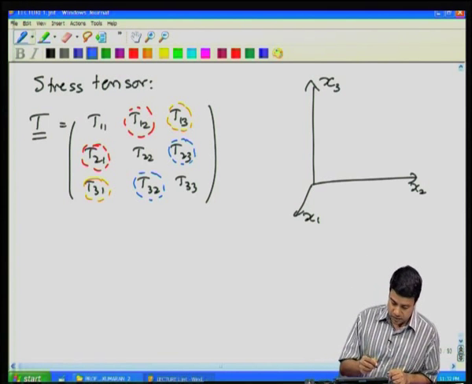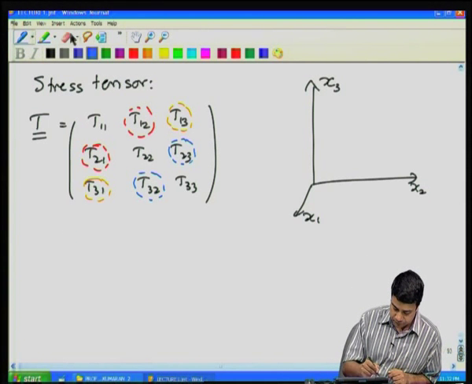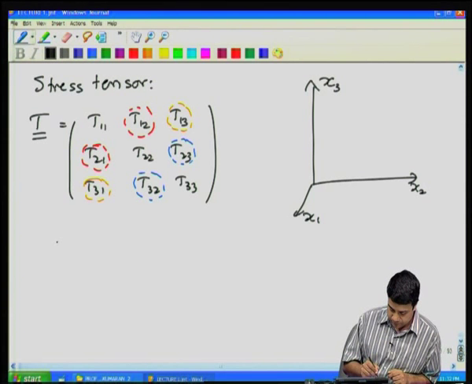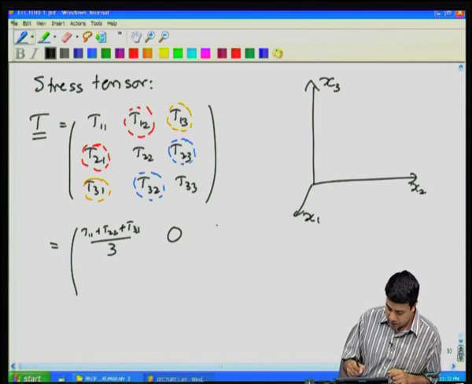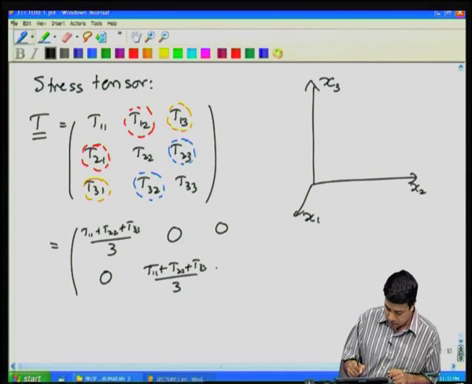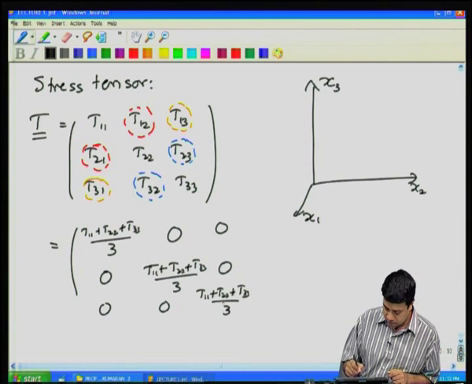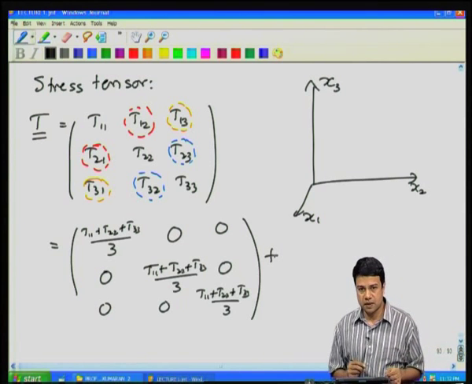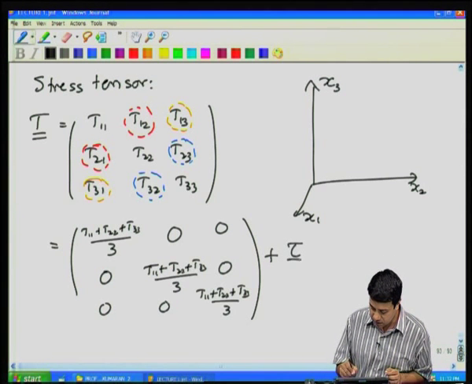Okay. So, this I will write it as an isotropic tensor, which is T11 plus T22 plus T33 by 3, plus a second matrix, which I will call the symmetric traceless part.